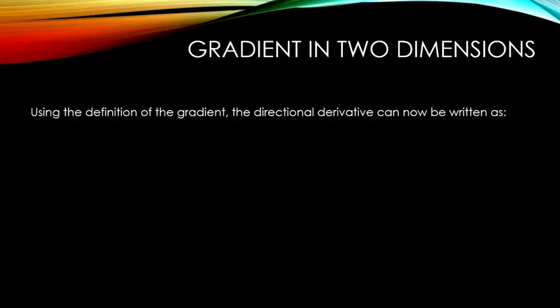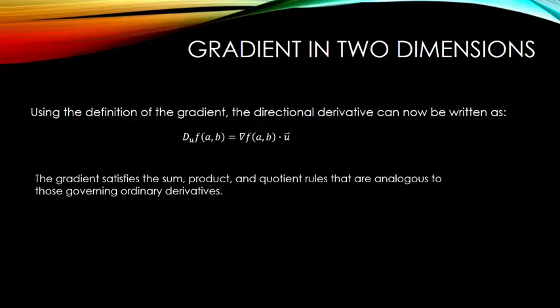So now if I use the definition of the gradient, the directional derivative can be written in slightly different form. My directional derivative of f at (a, b) will be equal to the gradient of f at (a, b) dotted with the unit vector u. The gradient satisfies the sum, product, and quotient rules that are analogous to those governing ordinary derivatives.